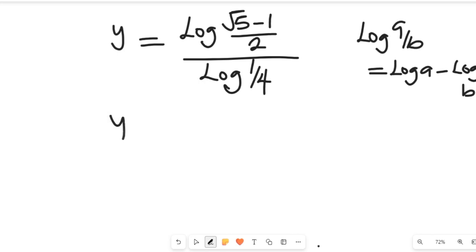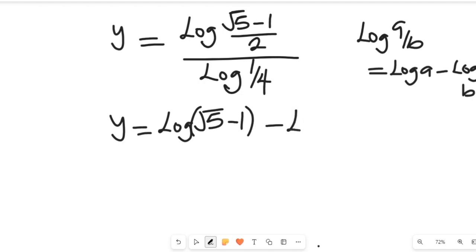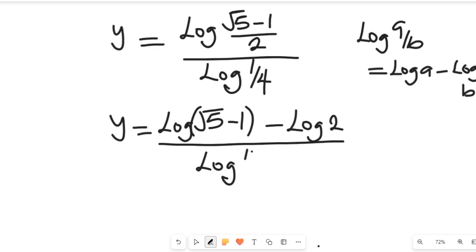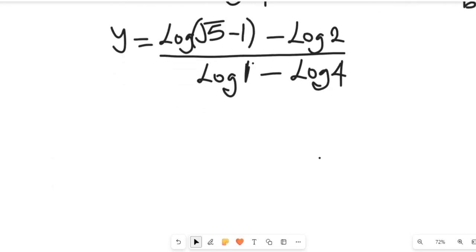So our y will now be equal to the log of (square root of 5 minus 1) minus the log of 2, and this will be divided by the log of 1 minus the log of 4. So having seen this, all we need to do is to simplify.